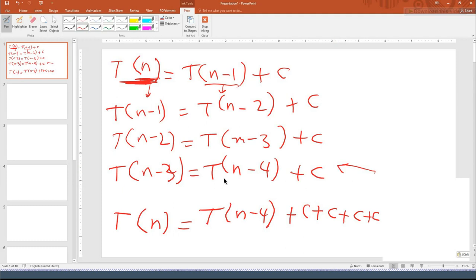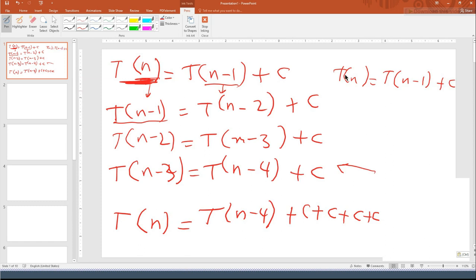Okay. Now, if you go back to the original equation, it says Tn equal Tn minus 1 plus C. So Tn minus 1 here equal what? Based on this, equal Tn minus 2 plus C plus C, right? So you can say that Tn equal Tn, the original, Tn minus 1 plus C, right?